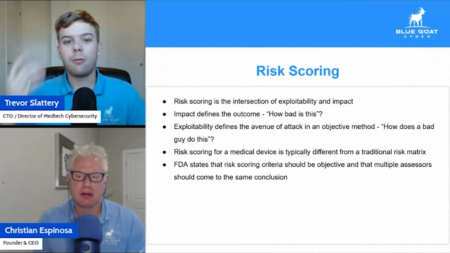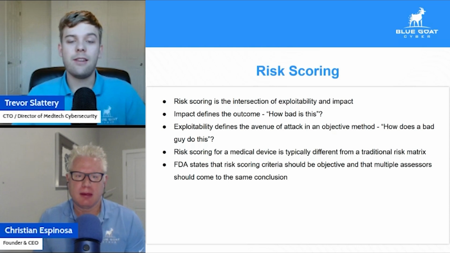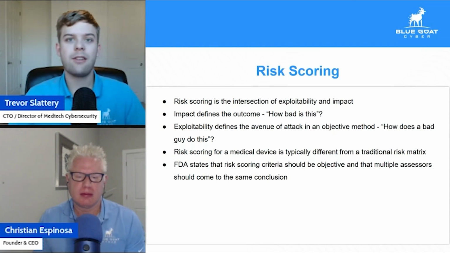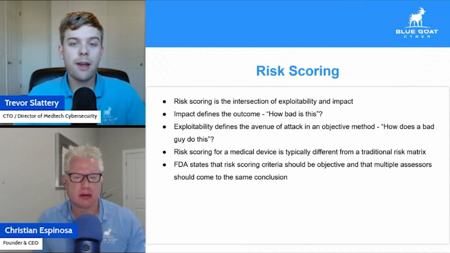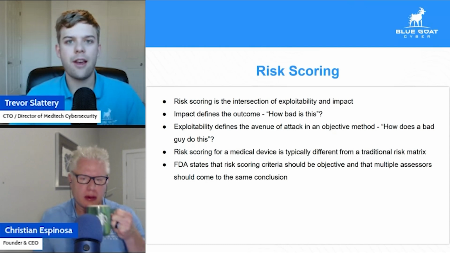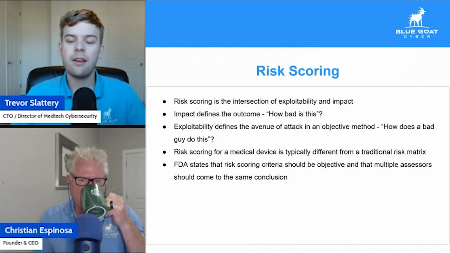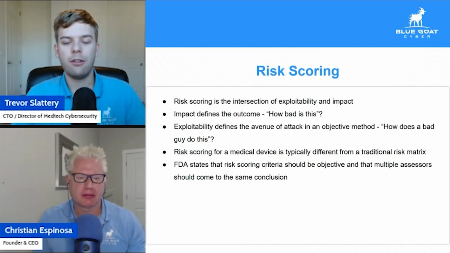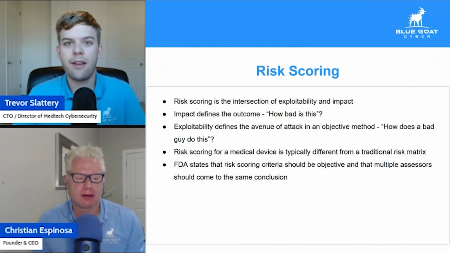As I had mentioned earlier, risk scoring for a medical device is going to be different from traditional risk scoring. We're looking at patient impact from a safety perspective as well as a data perspective, which is usually going to be more the security side. With that in mind, we're going to have a lot of different outcomes that might not be applicable for a traditional network test.